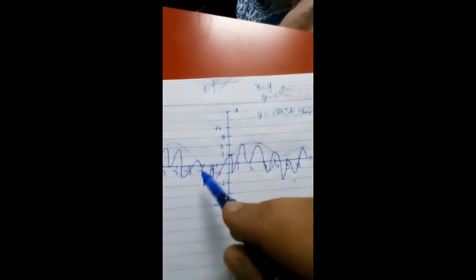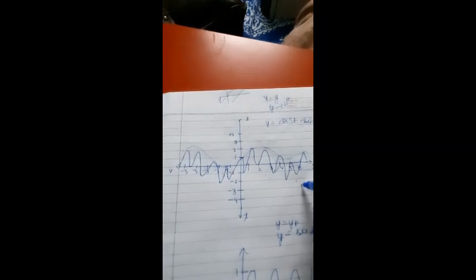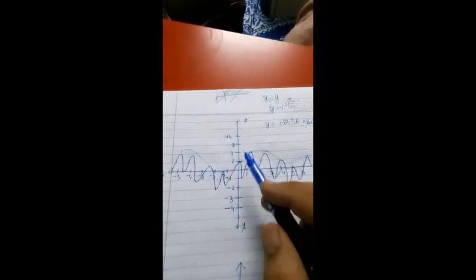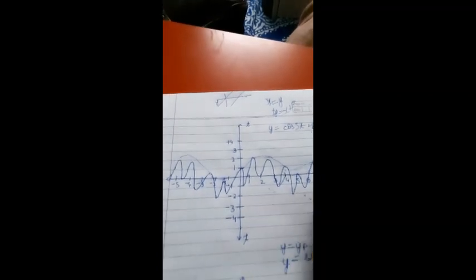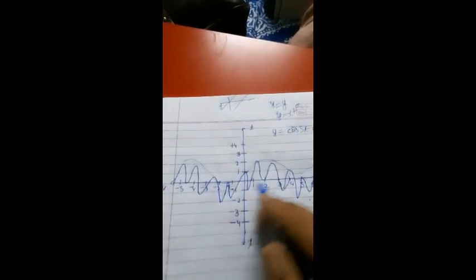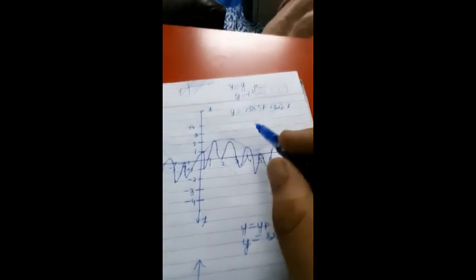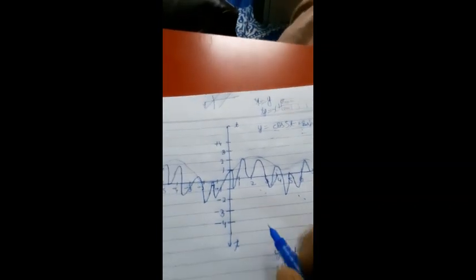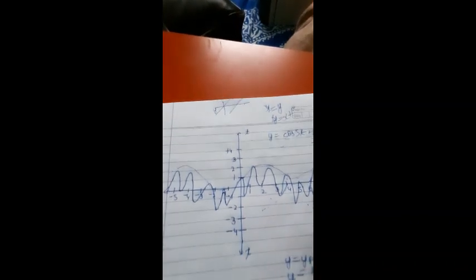This is a rough sketch, not up to scale, so sorry if you are not able to grasp it, but I hope you understand the basic concept. So this is basically cos 5t plus sin t. This is the curve we'll get for the whole equation.